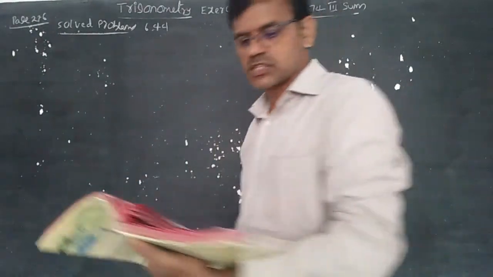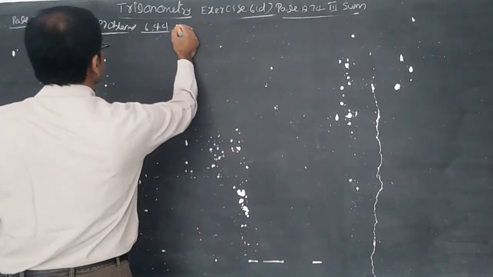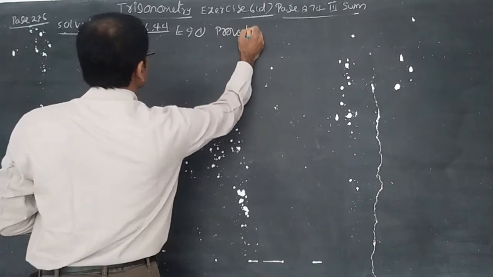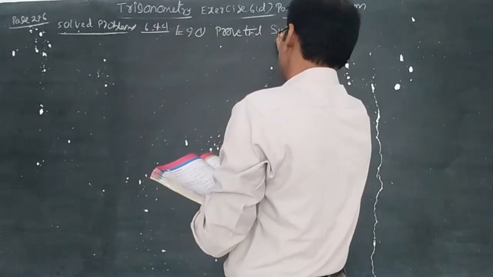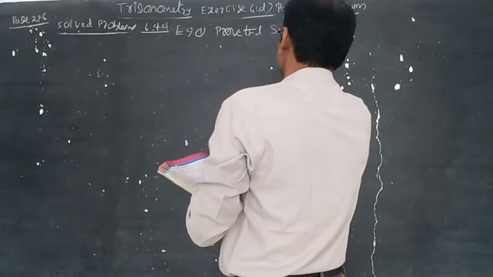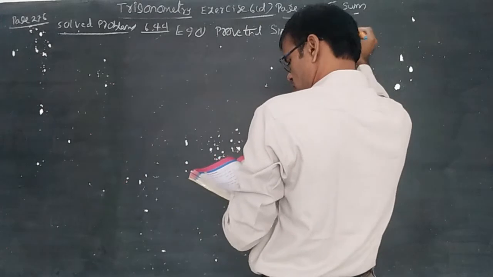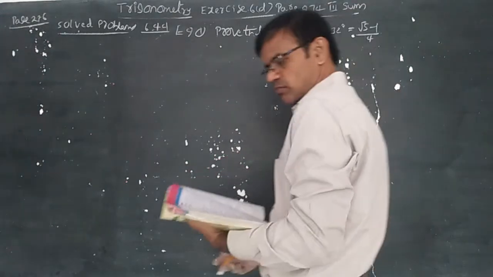Let us see example 1. Prove that sin 78 degrees plus cos 132 degrees is equal to root 5 minus 1 by 4.